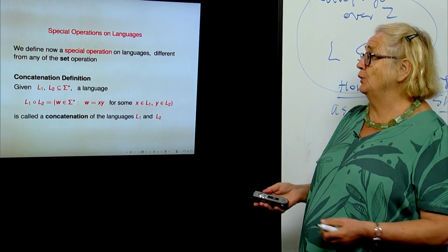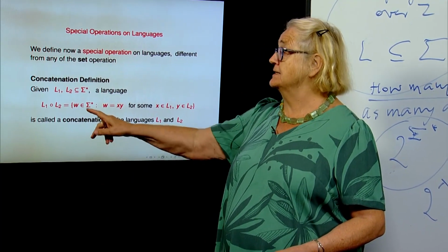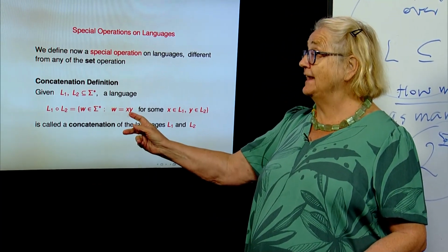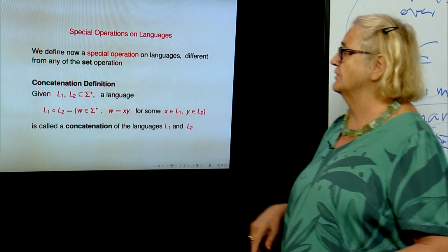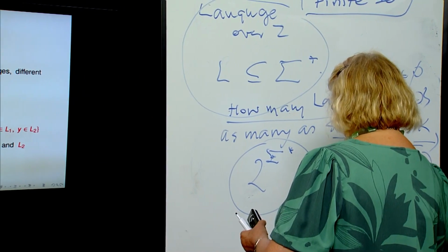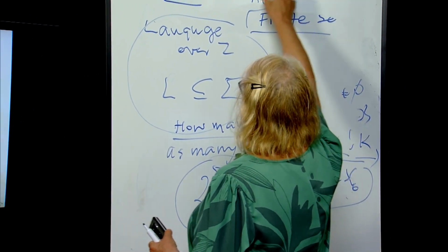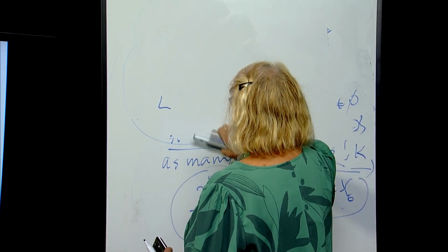So given two languages, the concatenation of two languages is the set of words which are concatenations XY such that X is in the first language and Y is in the second. So we have a new operation on languages. First is the concatenation of languages.